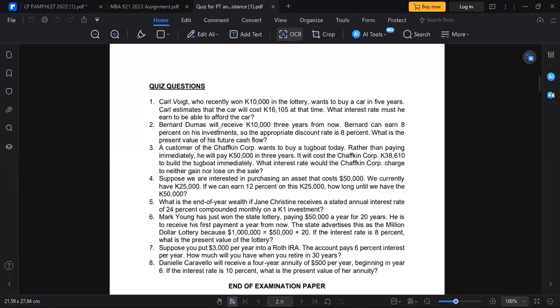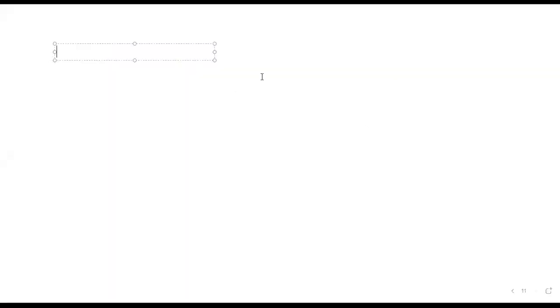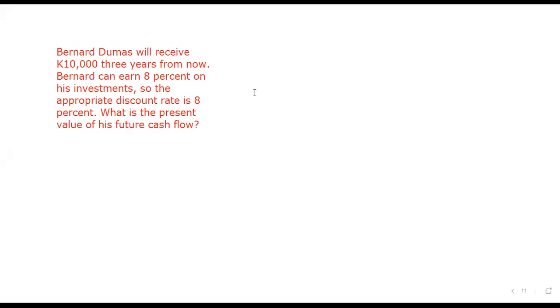Bernard will receive 10,000 3 years from now, so this is the future value: 10,000. The time period is 3 years. The interest rate is 8%.